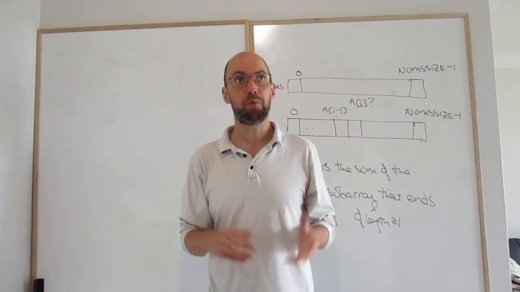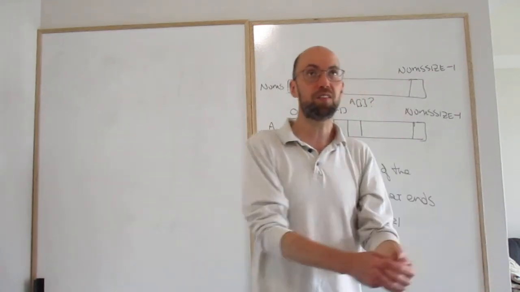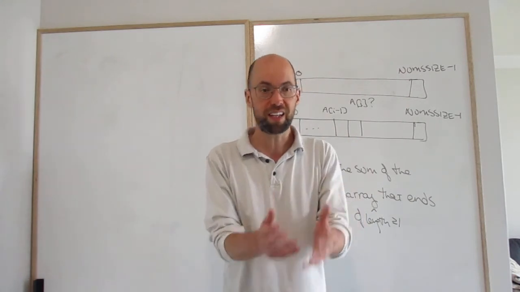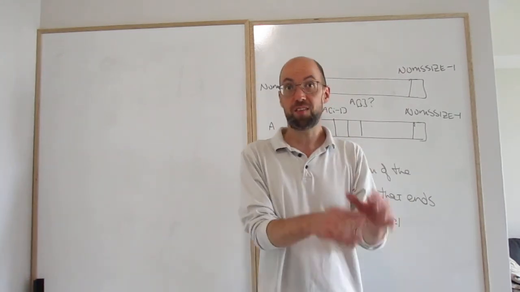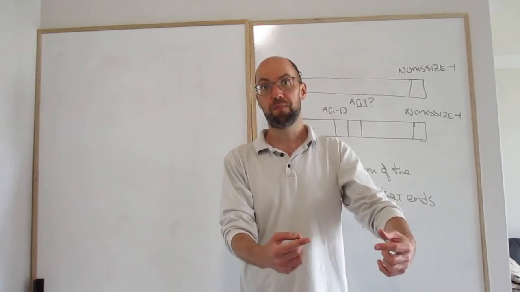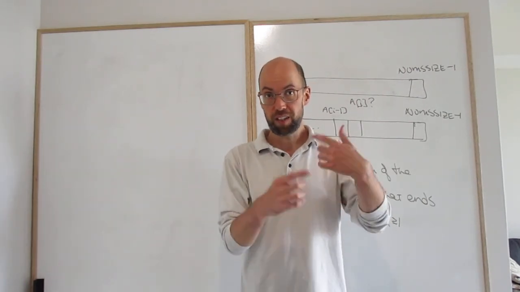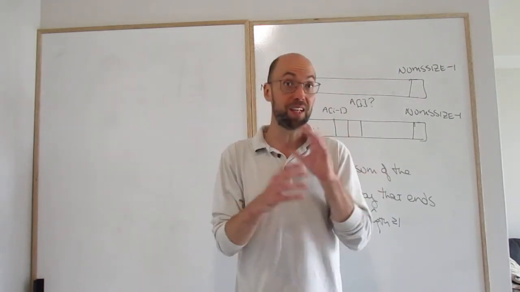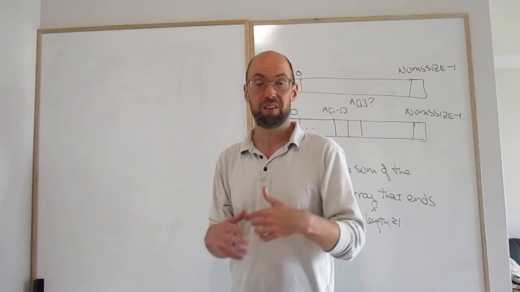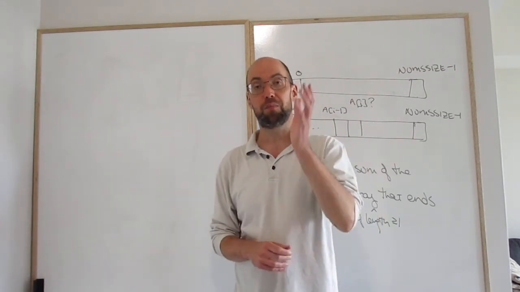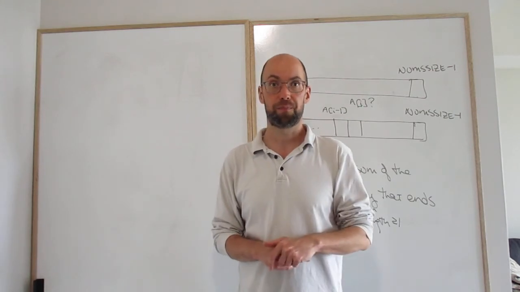Why? Because if somebody gives you an instance of max sum subarray in a circular array, you turn it into two instances of max sum subarray in linear time. They don't get bigger. You solve each of them in linear time, and that gives you the answer for your max sum subarray in a circular array.